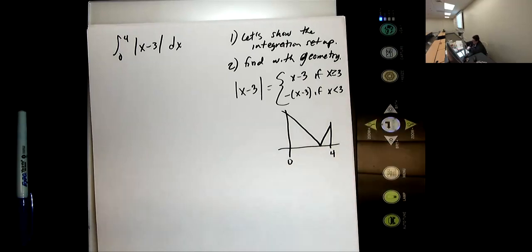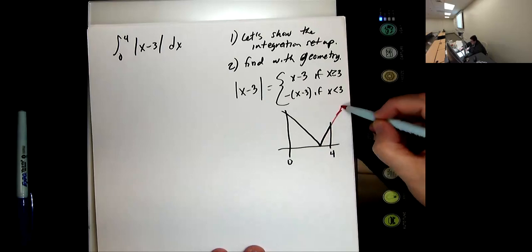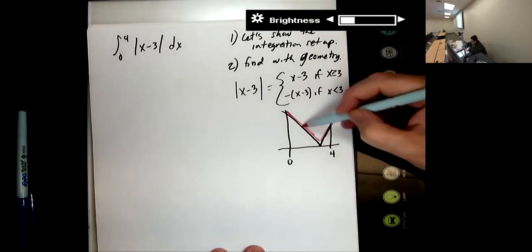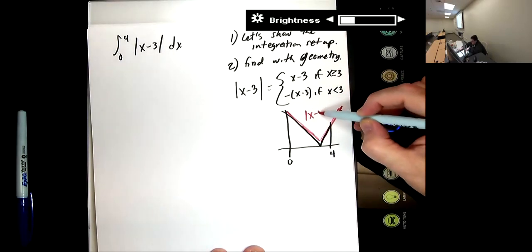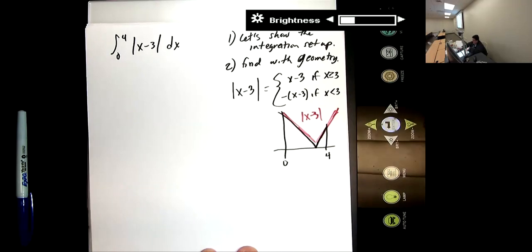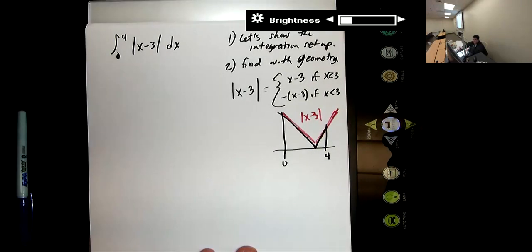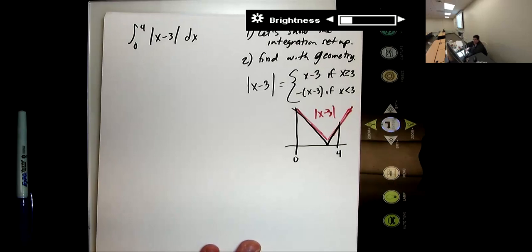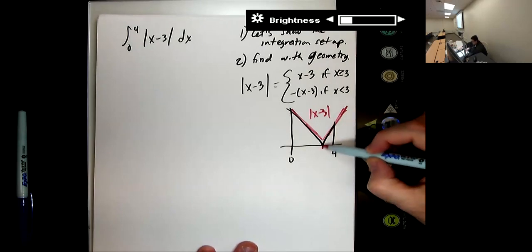This is like x minus 3. That's our function right there. So it switches at 3.